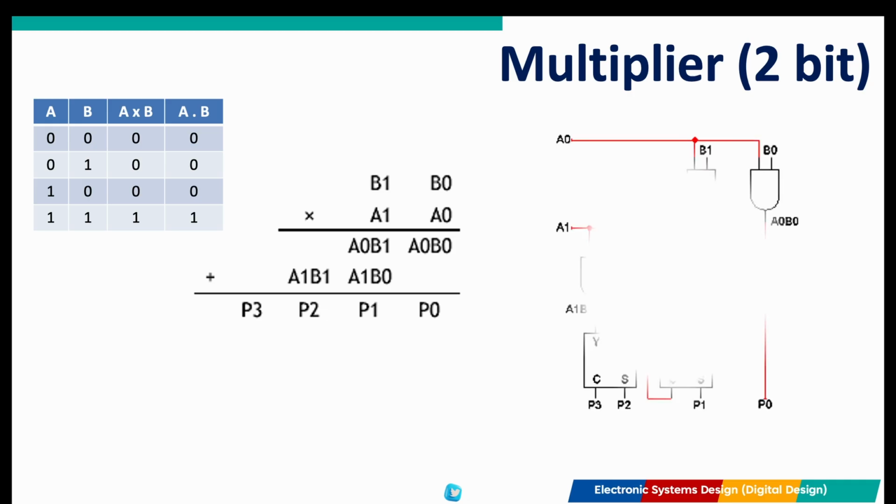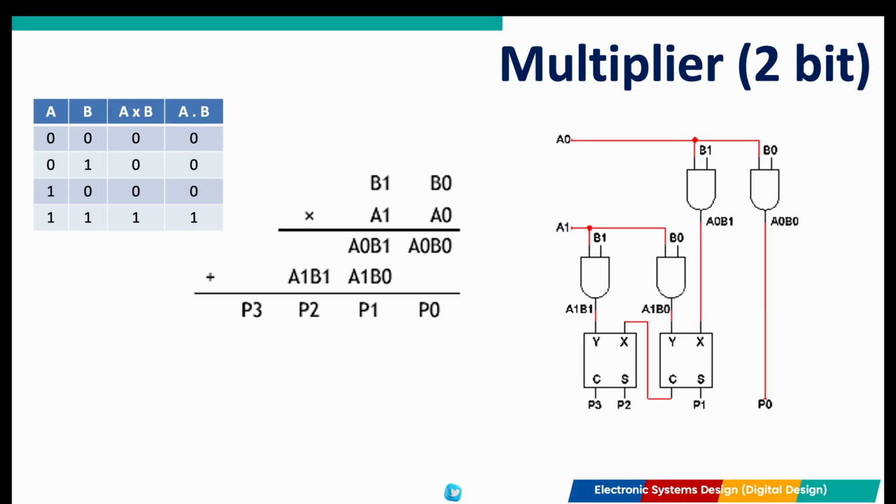To translate the mathematical operation into actual hardware, we map the math directly to logic gates, generating partial products. Since multiplying any bit by 0 is 0 and by 1 is itself, a simple AND gate perfectly replicates binary 1-bit multiplication. Therefore, calculating A0B0 is just an A and B gate.